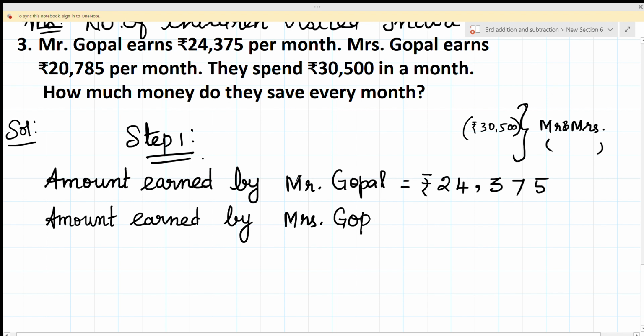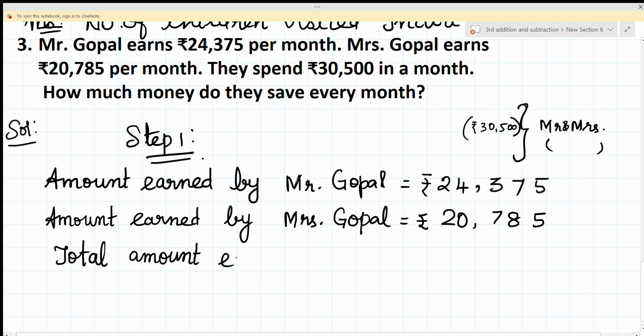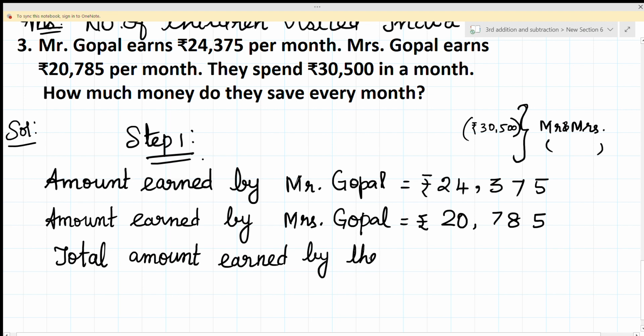So she earned rupees 20,785. We want to find the total amount earned by them in a month. So we want to find the total amount. We have to add the given amounts. So we'll add the numbers.